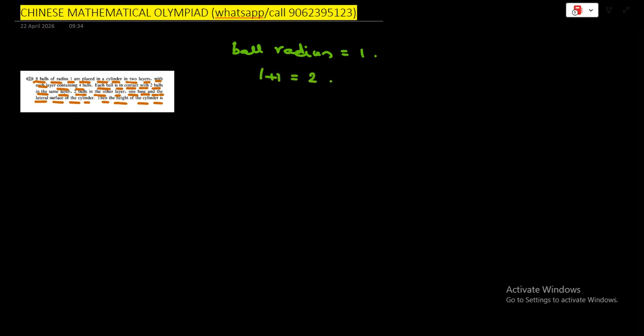So if the centers form a square of side 2, how far are they from the very center of the cylinder? Half of the diagonal, right? That is half of root of 2 square plus 2 square, that is root 2. Okay. So the horizontal home of our balls is at the radius of root 2 from the center.